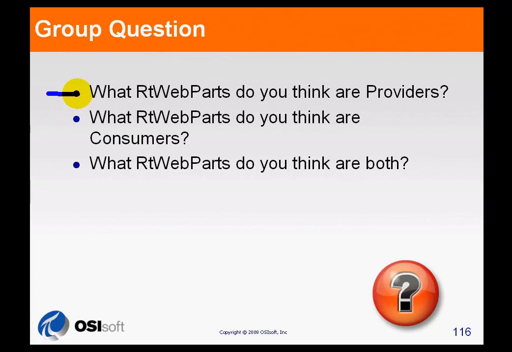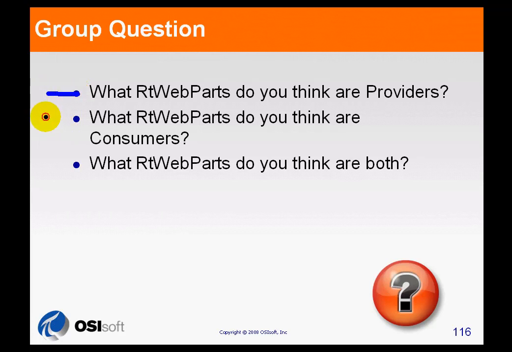Like, for example, the RT time range. That provides a start time and end time. You just saw an RT batch table. That actually can provide context as well by passing the start time and end times of batches. We have something called the RT tree view that you can use to pass module context.